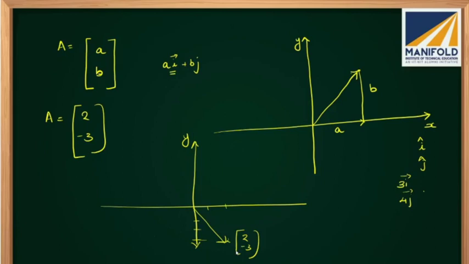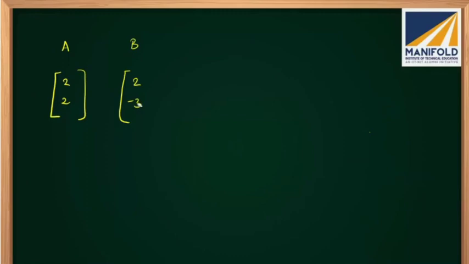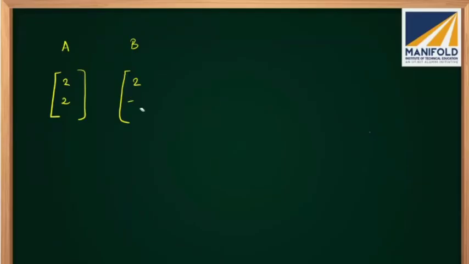Now let us see what is meant by vector addition. If I am adding 2 columns, what will happen? Suppose I take one column as 2, 2 and the other column as 2, minus 2. You know how to add these 2 columns, right?